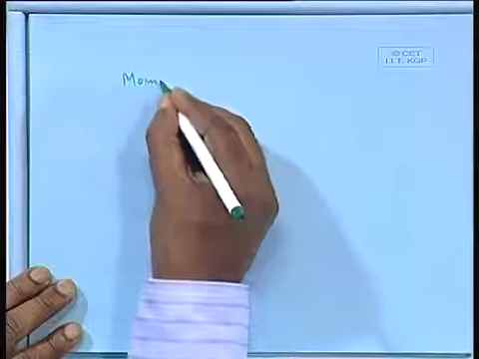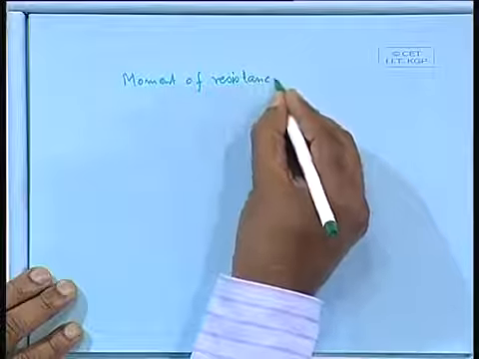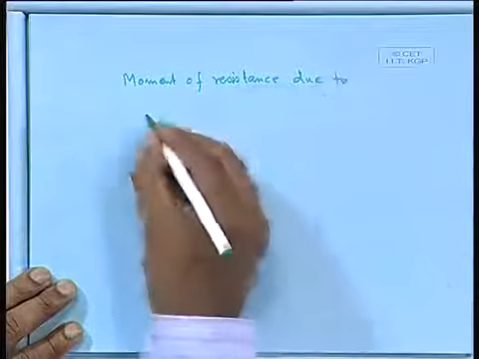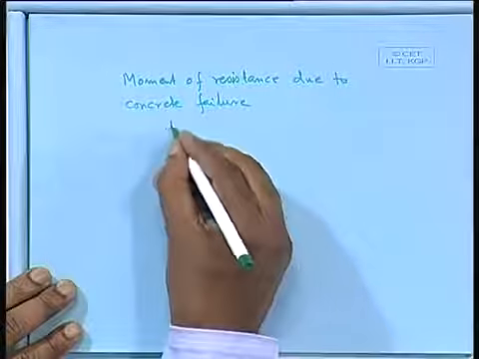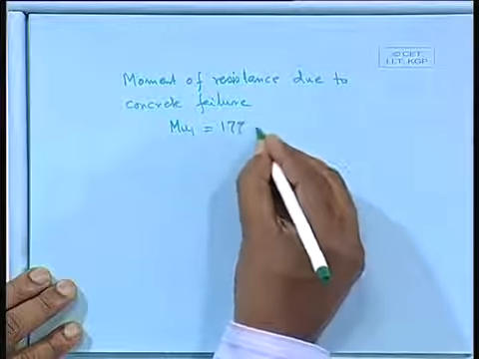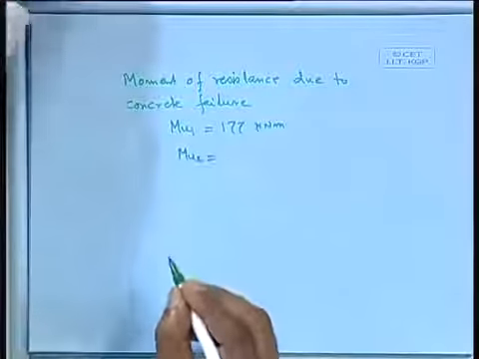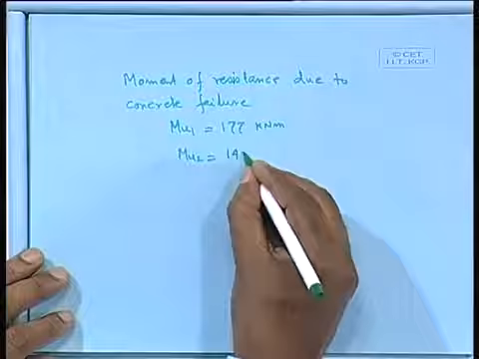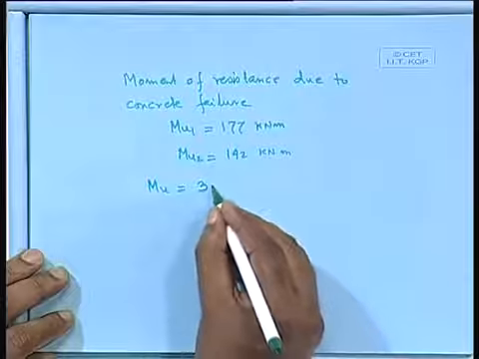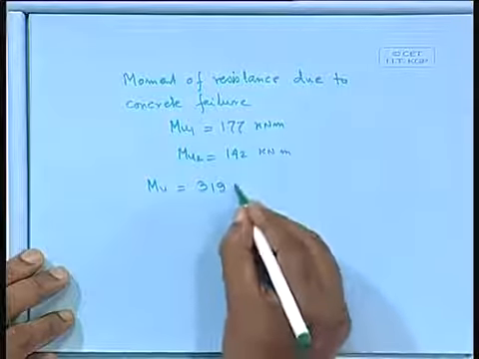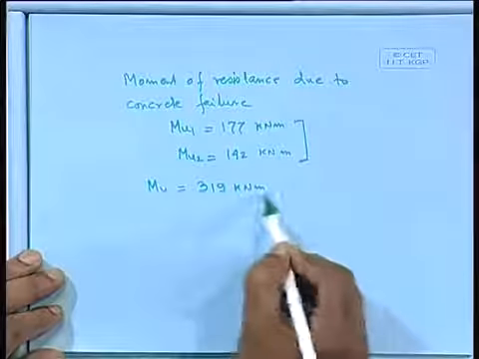Moment of resistance due to concrete failure, Mu1 equal to 177 because this is a balanced section, and Mu2 we have computed 142, Mu 319, the sum of these two, 177 plus 142, which comes as 319 kilonewton meter.